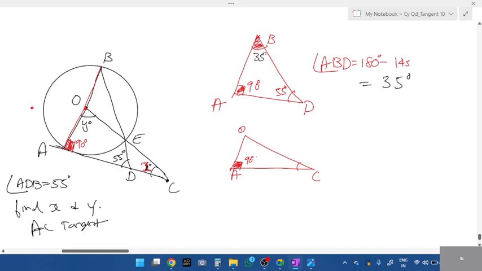All of you got 35? Now, from 35, we need to enter into the second triangle, for Y.